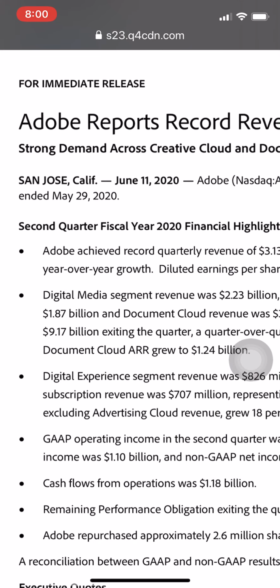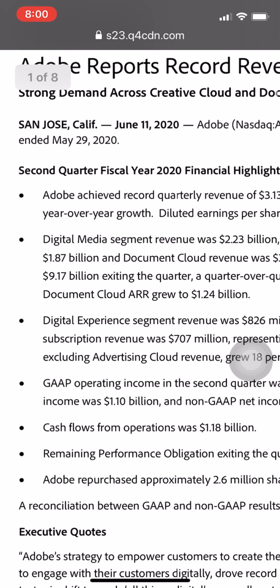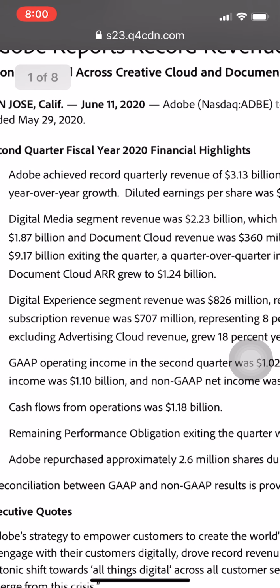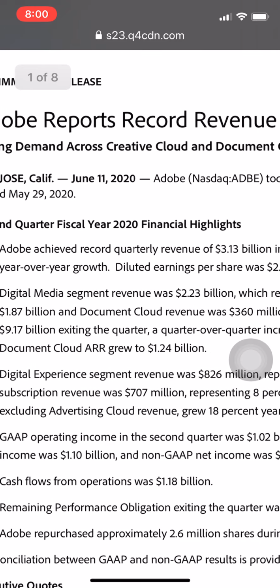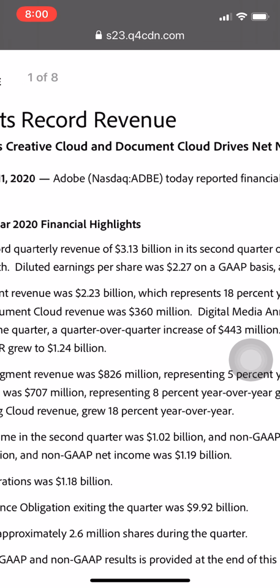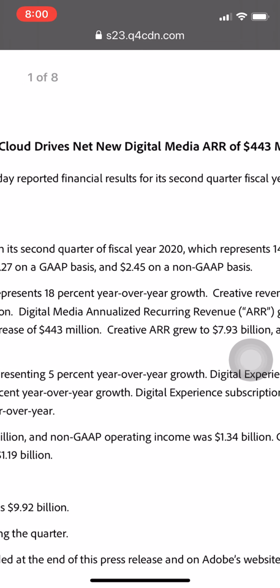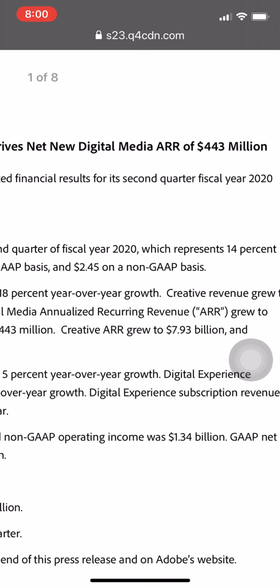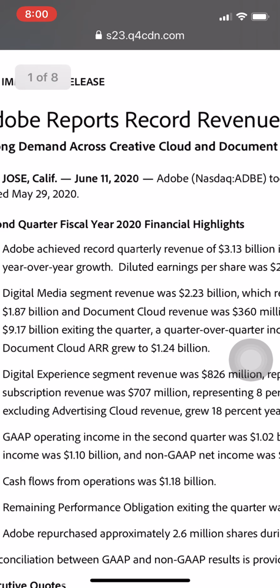Now taking a look at the press release that was released by Adobe, you can see that their strong demand across Creative Cloud and Document Cloud drives. Net new digital media ARR, $443 million.